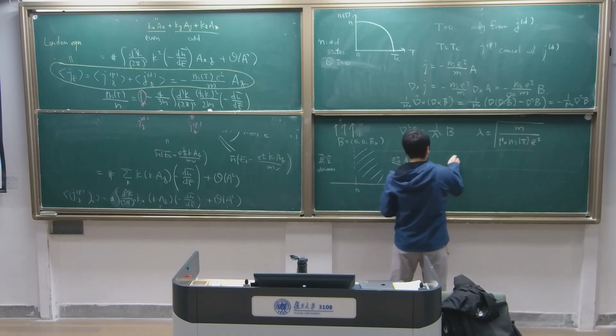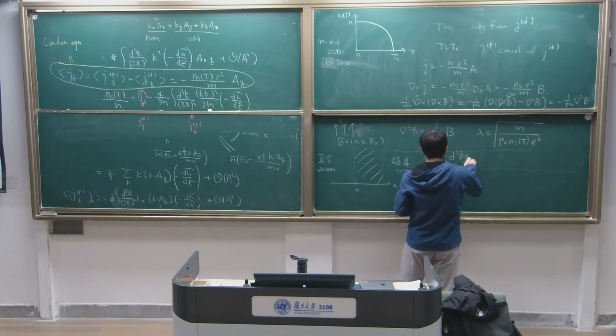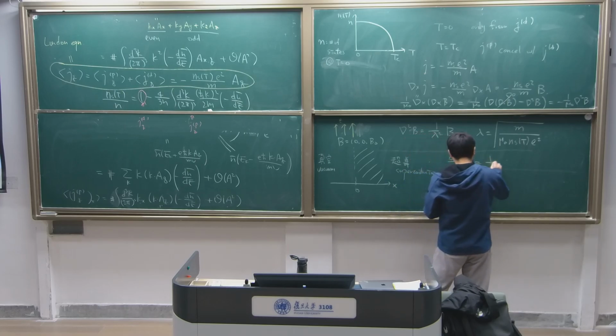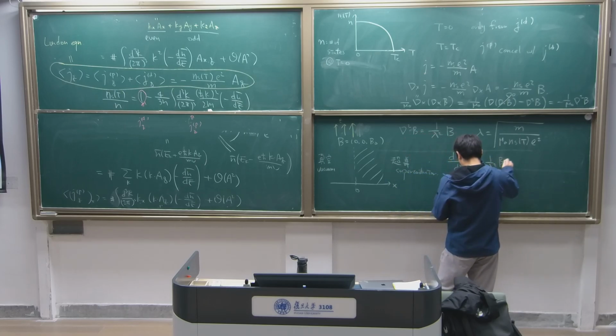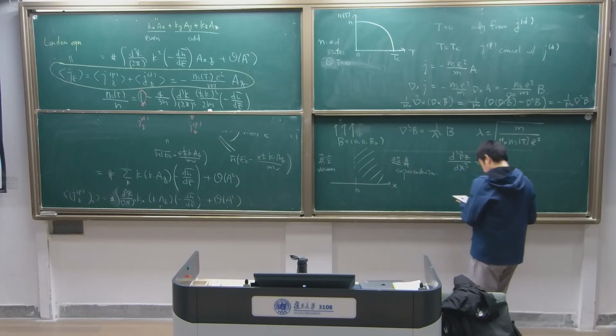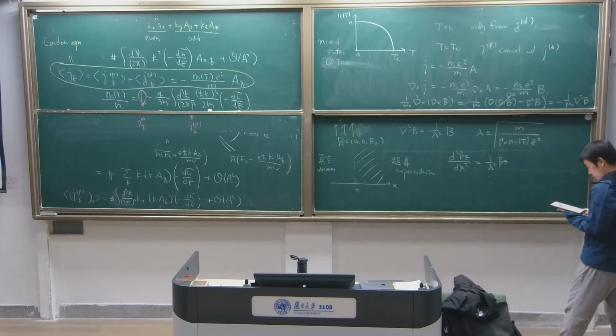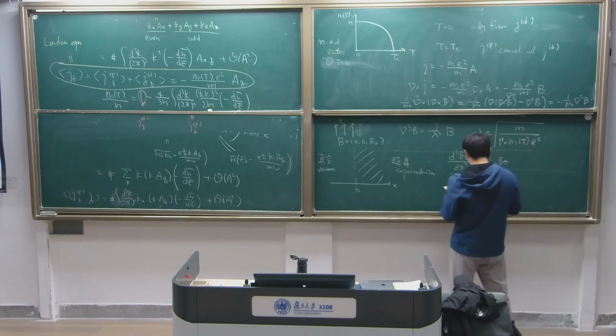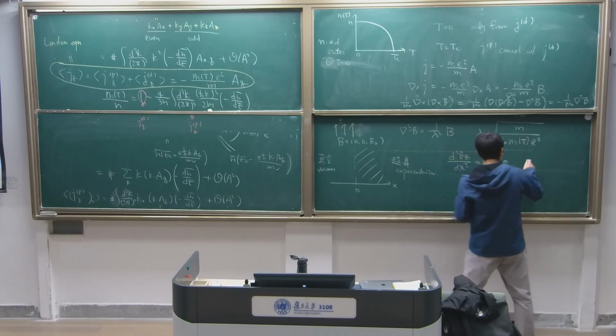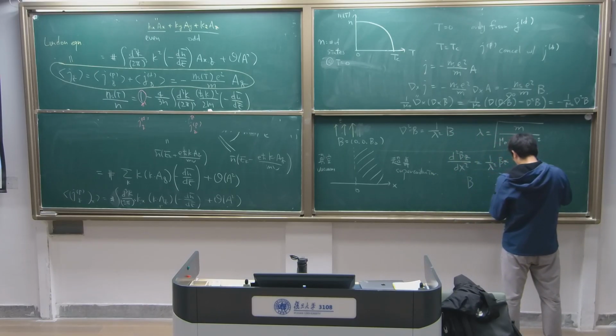To solve the equation, d squared B is going to be B divided by lambda squared. Okay. And you can solve this equation with the boundary condition.